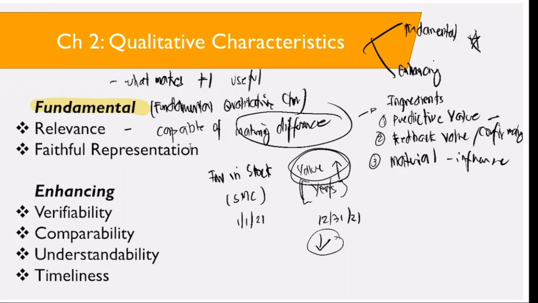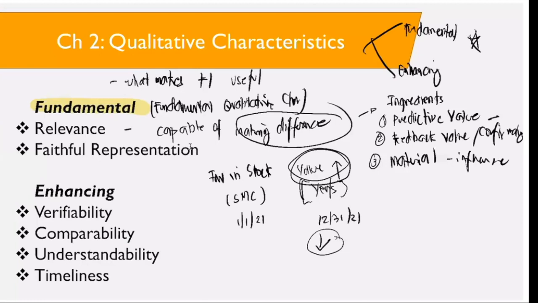For example, we have here San Miguel Corporation. Maybe their materiality is 20,000, 100,000, whatsoever. They think that 20,000 is material to them. But to one entity, 1 peso is material to them. So let's say we compare a sari-sari store and San Miguel Corporation. So let's say 20,000 pesos.